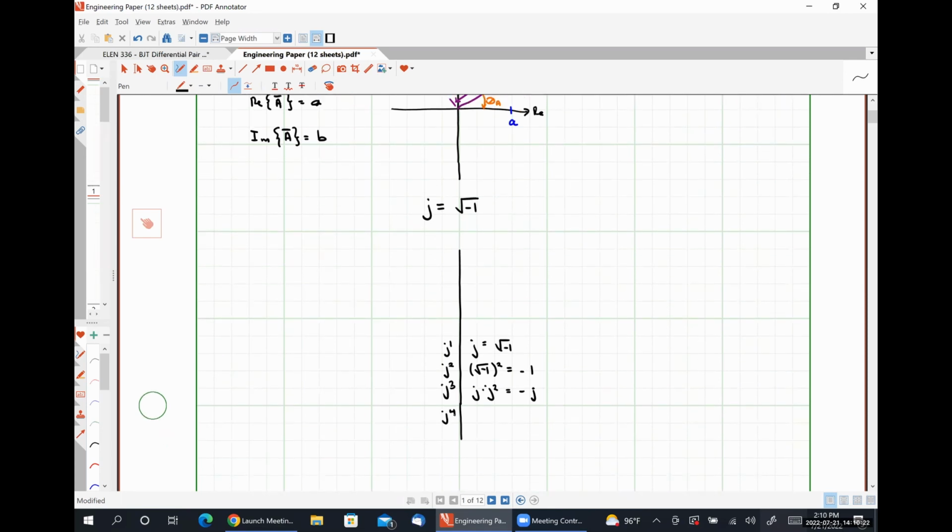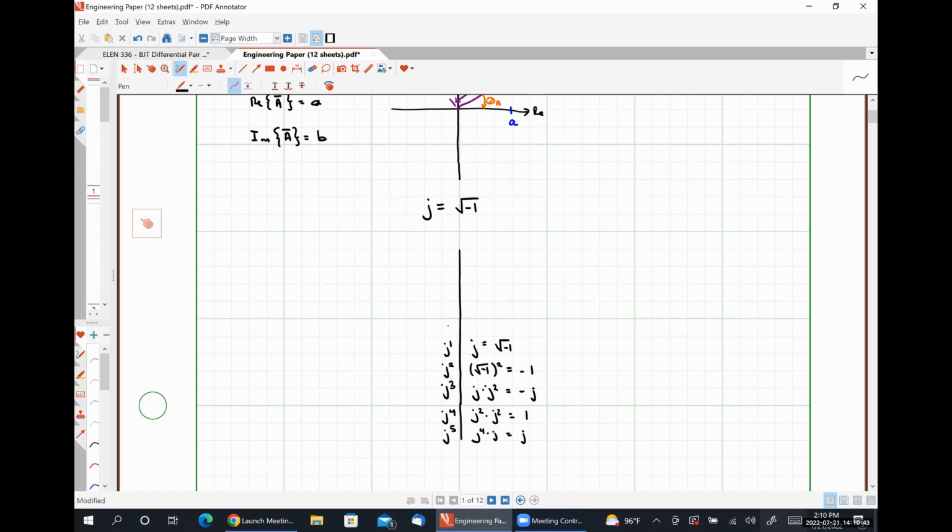J to the fourth power is just J squared times J squared, which is positive 1. And then J to the fifth power is just J to the fourth times J, which is just J. And then that cycle repeats itself.